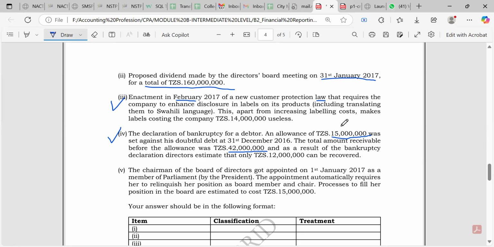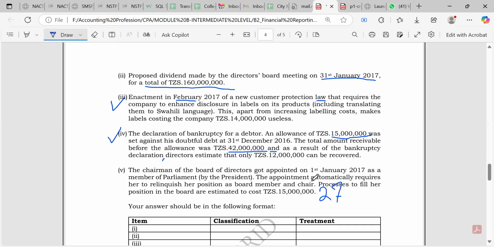In the books, 42 minus 15, you get 27. So this is what we had done in the books. But we are told, as a result of bankrupt declaration, directors estimate that only 12 million can be recovered.